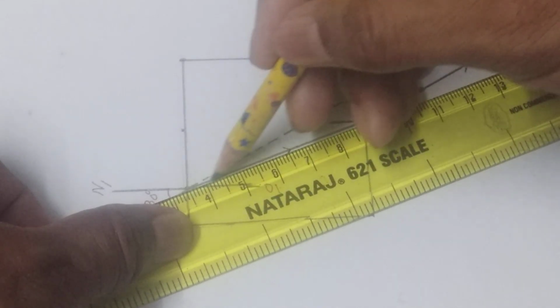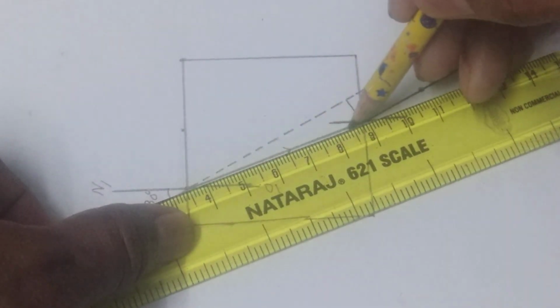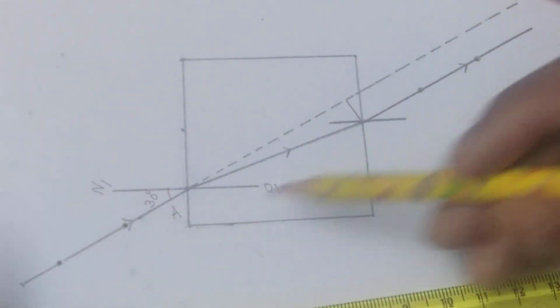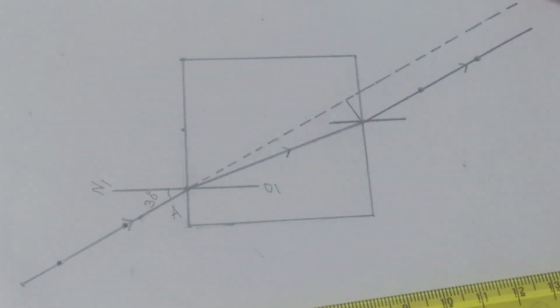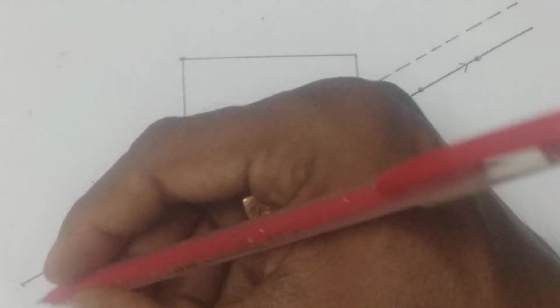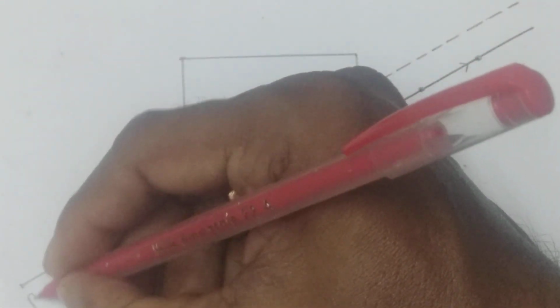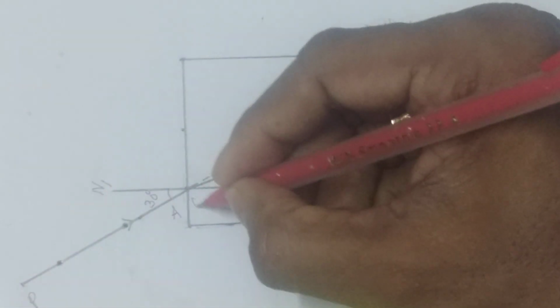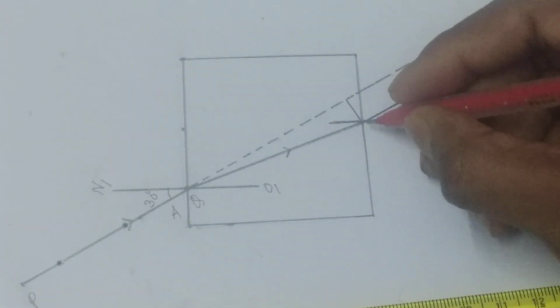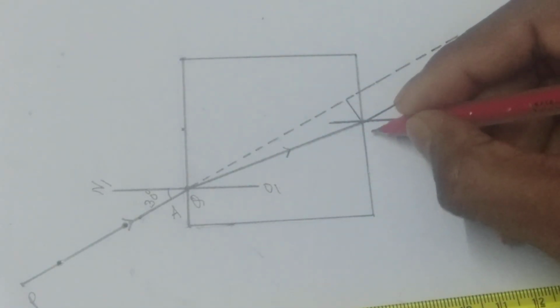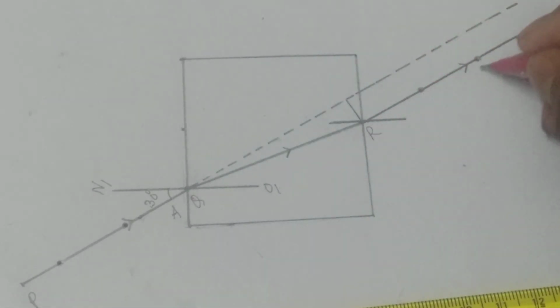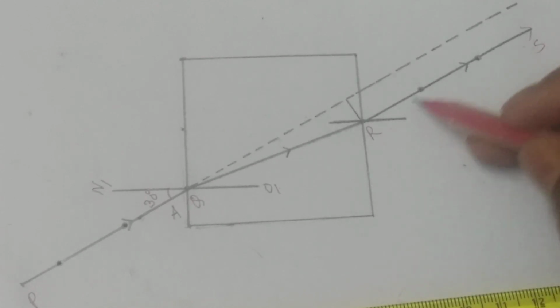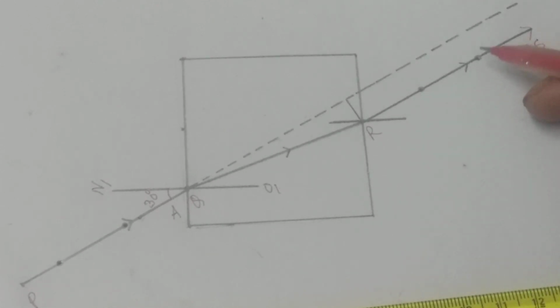Here you see this point, right? And we are getting this as the incident ray. This is PQ. PQ is the incident ray. QR is the refracted ray, and RS is the emergent ray, right?